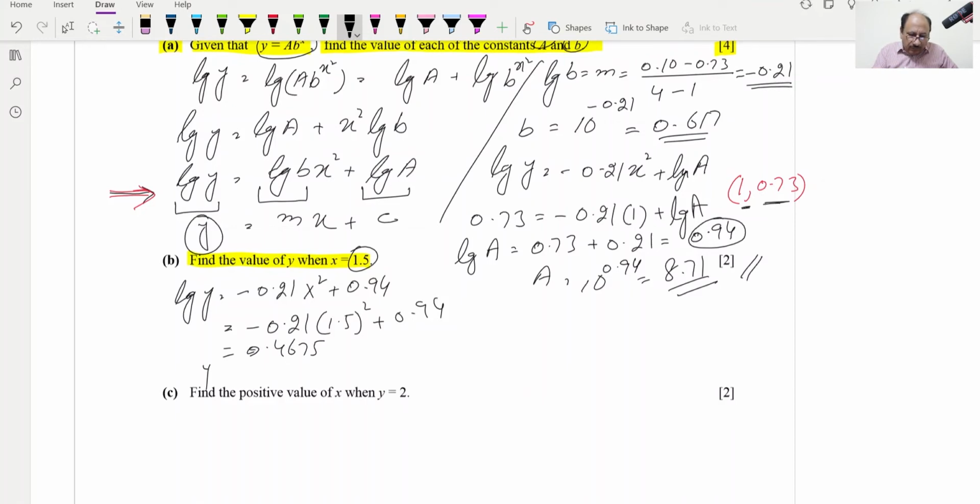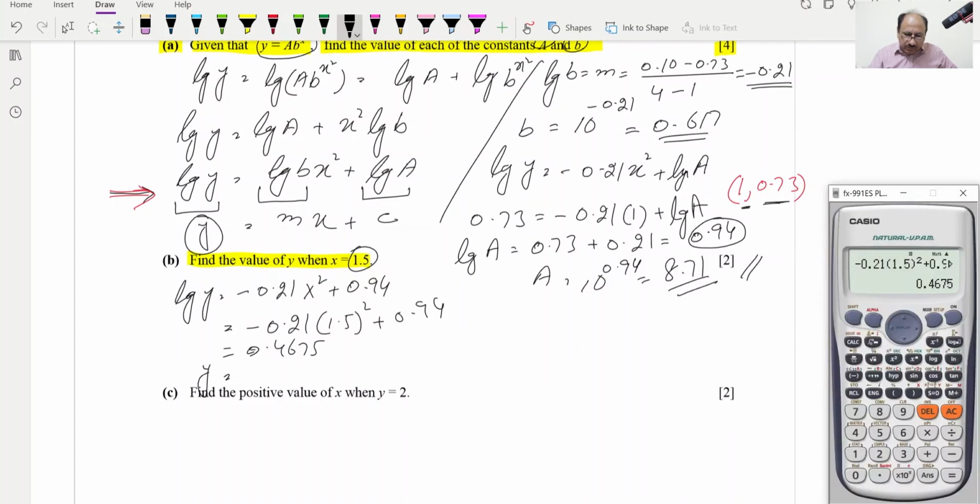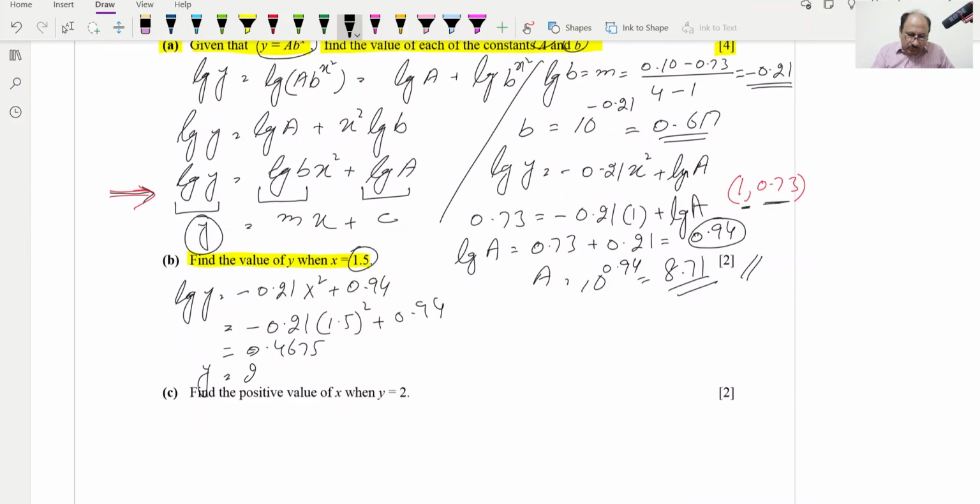And y will be equal to 10 raised to the power of this answer, which is equal to 2.93. So 2.93 will be the final answer for 2 marks.